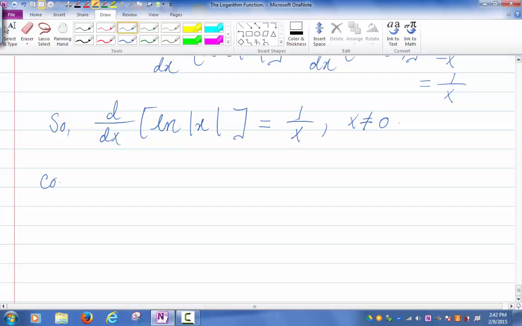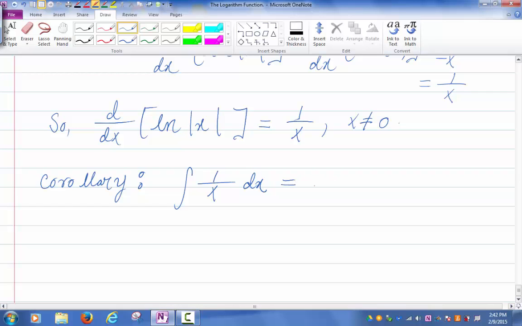Let me give you an immediate consequence of this. A corollary means an immediate consequence of the previous theorem. If I look at the integral of 1 over x dx, what did you say?